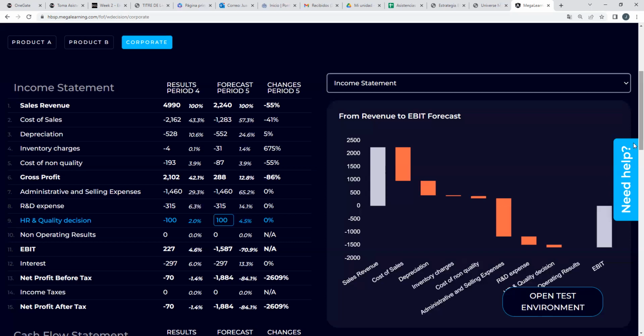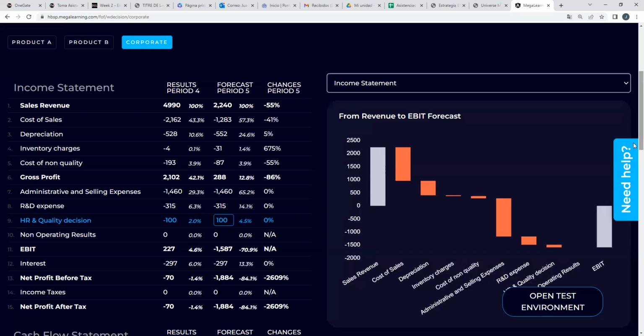This is the forecast when you are moving prices and quantity to produce and administrative and selling expenses, you are changing this forecast. There's only one decision that you are going to take with the income statement for corporate, which is human resource and quality decision.